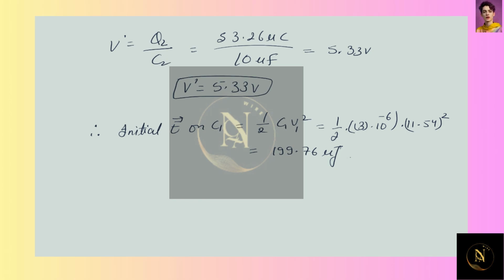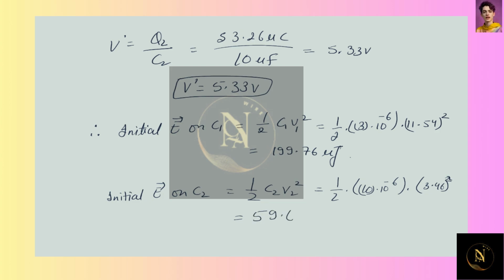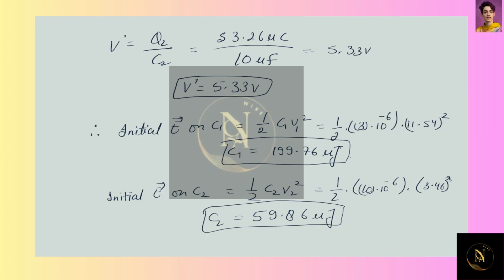When we calculate the initial energy on C2, it is equal to 1 divided by 2 C2 V2 squared, which is equal to 1 divided by 2 multiplied by 10 multiplied by 10 raised to the power minus 6, multiplied by 3.46 to the power 2. So after solving this comes out to be 59.86 microjoule. So energy on C2 is this, energy on C1 is this.